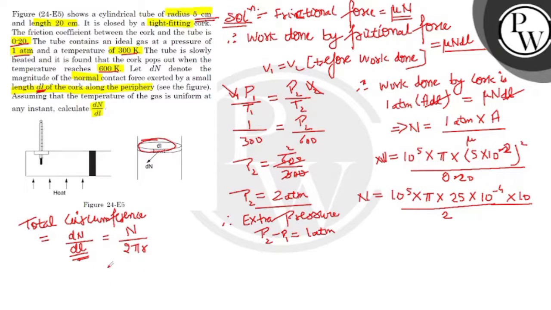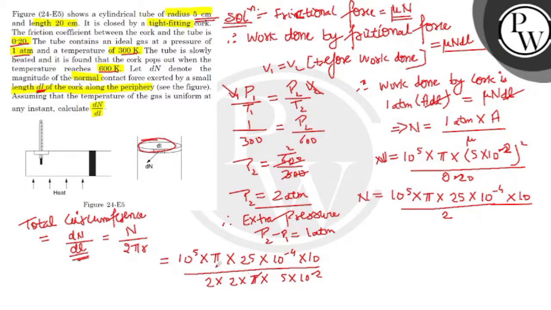Let's calculate this. Here is N divided by 2 pi r. So N is 10 power 5 into pi into 25 into 10 power minus 4 into 10 divided by 2, and 2 pi r, 2 into pi into r is 5 into 10 power minus 2.